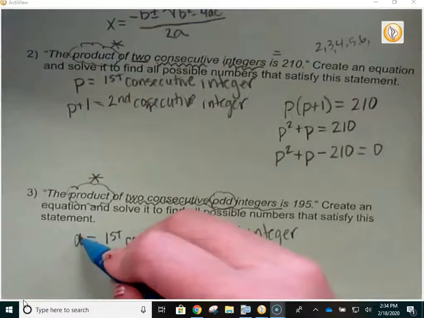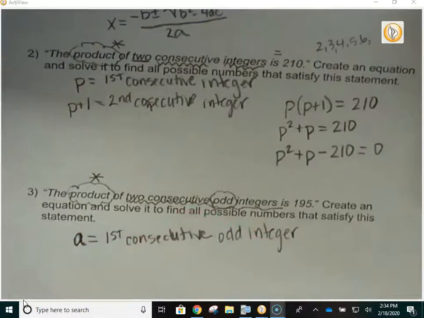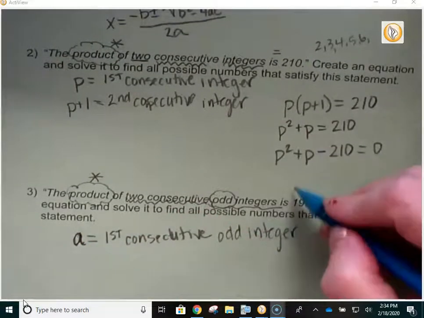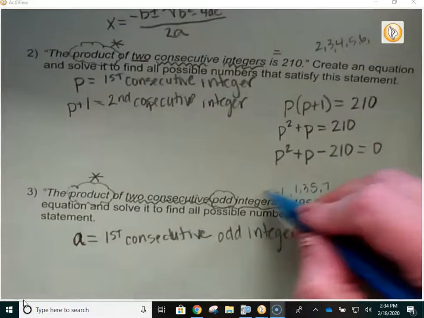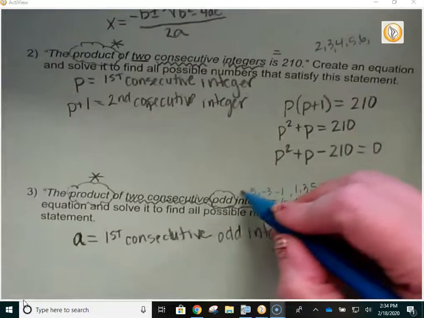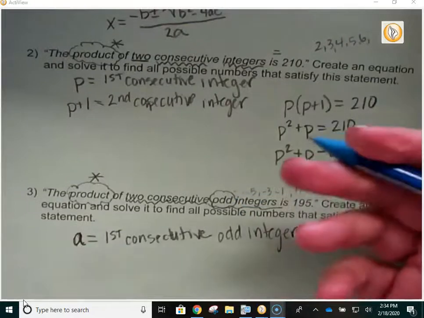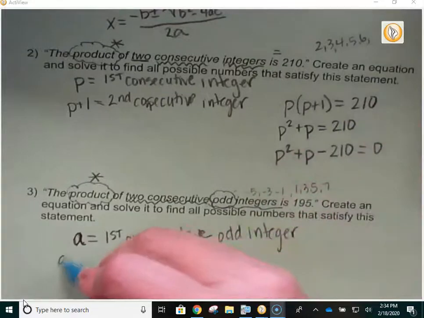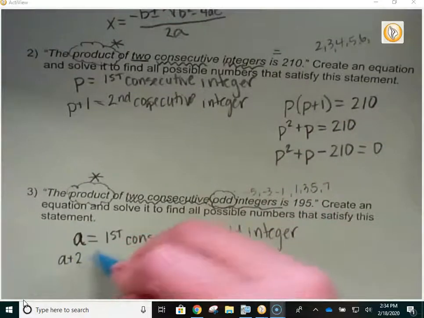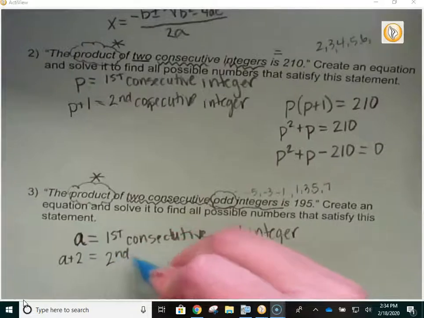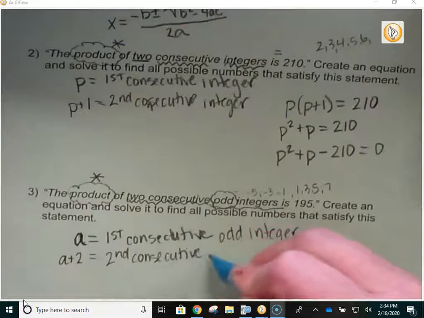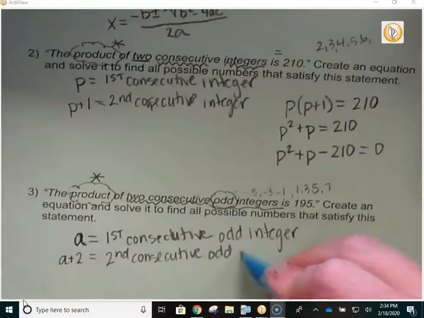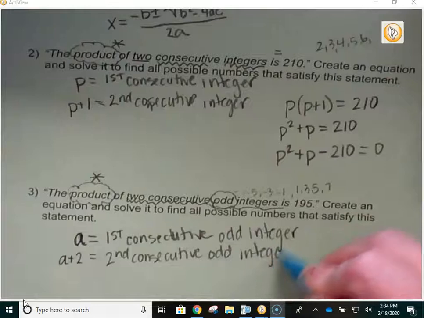So if that's our first consecutive odd integer, well, think about odd numbers. So 1, 3, 5, 7, or you could have -1, -3, -5, in either direction, but to get the next odd, you add 2. So if the first one's a, the next one's a plus 2. So, to find this, it says the product.